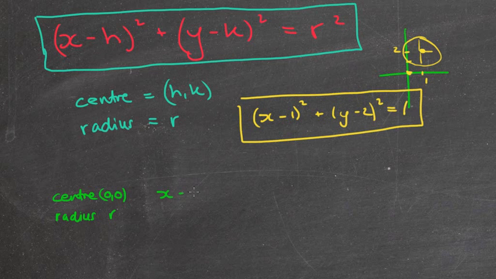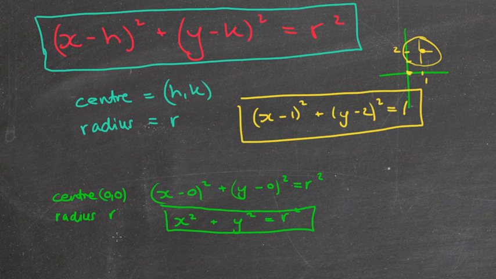We get (x minus 0) squared plus (y minus 0) squared equals r squared. Well, x minus 0 is just x, y minus 0 is just y, and then r squared, which is the formula we just looked at. So it is actually the same formula, it's just that the first one we looked at always has its center at (0, 0).